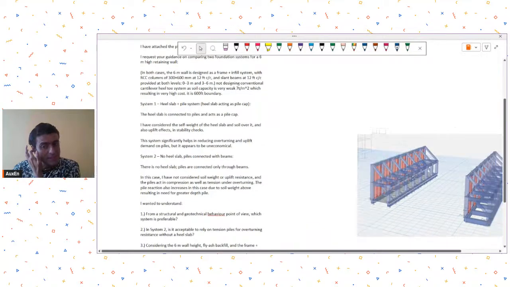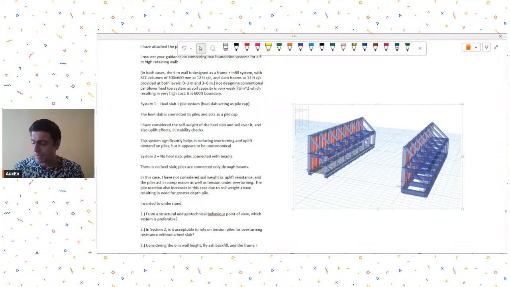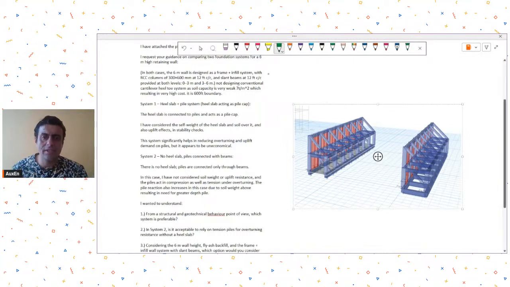So this is the screenshot from the system that he has shared, and on your left side you will see the retaining wall is 6 meters, and on your left side he has provided a heel and toe slab. The wall is retaining fill from this side.